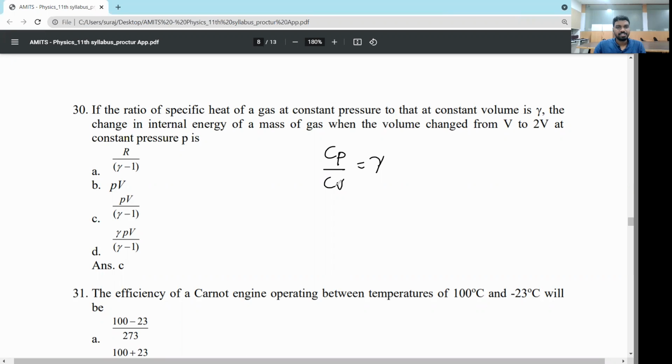The change in internal energy of a mass of gas when the volume changes from V to 2V at constant pressure. Volume is changing at constant pressure. They're asking the change in internal energy. Del U equal to nCv del T.